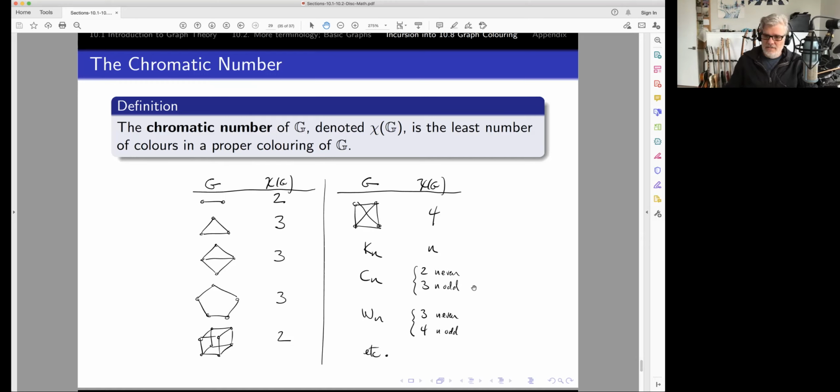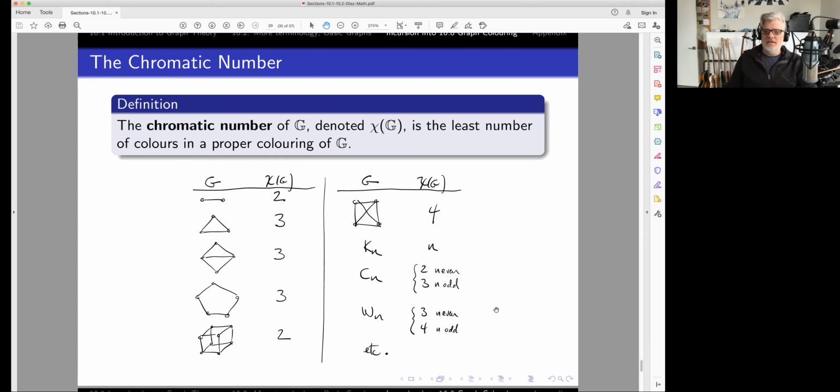But if it's odd, you'll get stuck at some point, right? When you cycle back up, think of the 5 cycle, blue, green, you need a 3rd color. This is true for any odd cycle. For the wheels, it's exactly the same thing, except you need an extra color for the middle of the wheel, right?